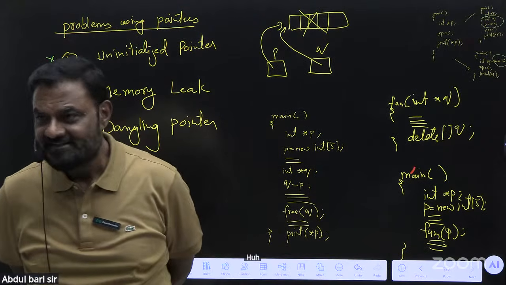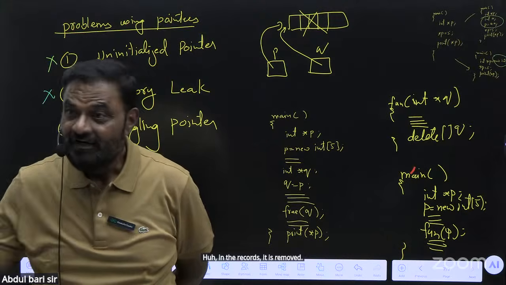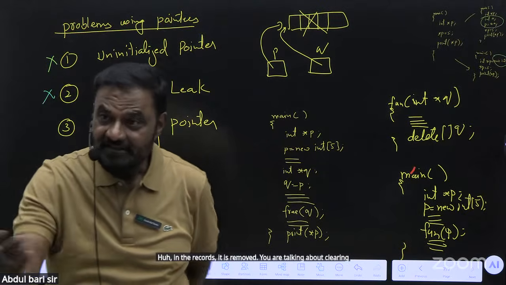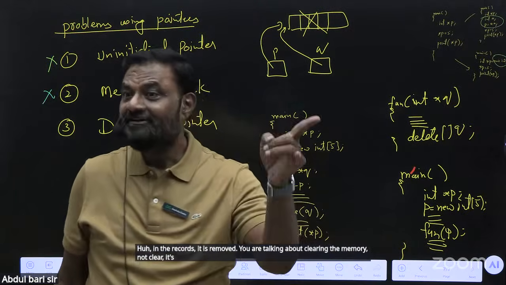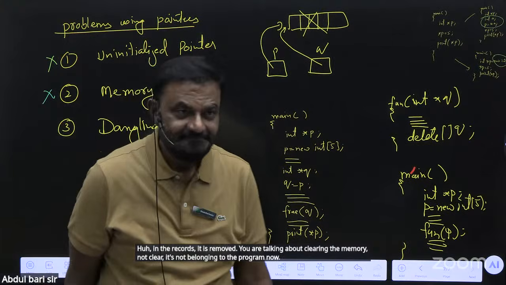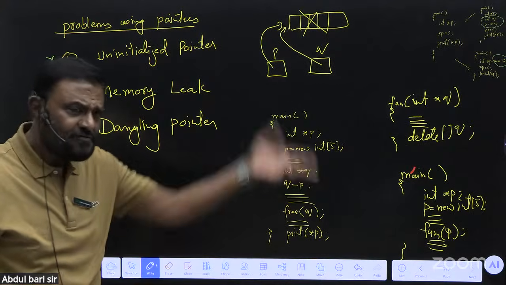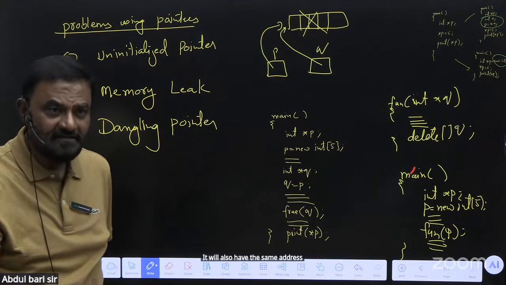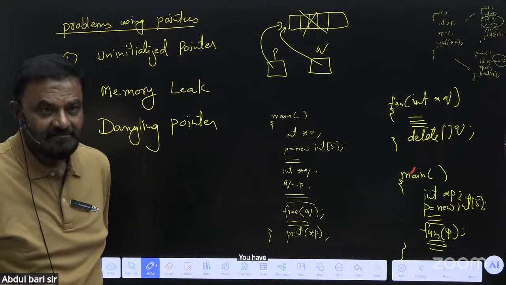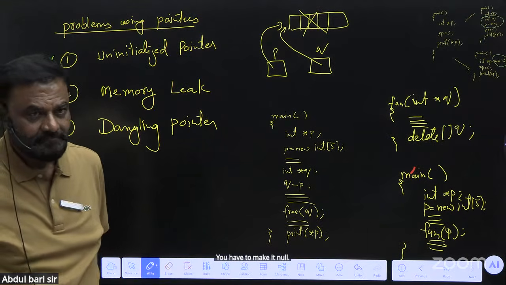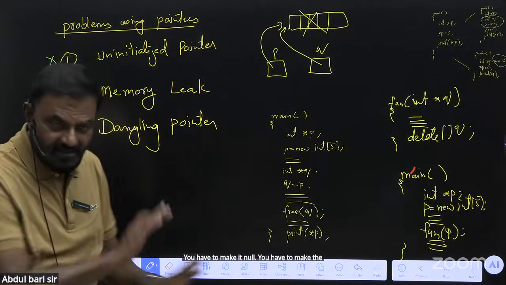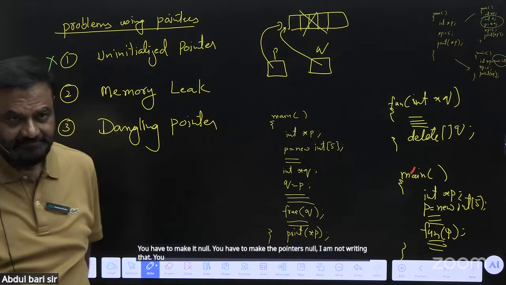In the records, it is removed. You are talking about clearing the memory. Not clear. It's not belonging to the program now. It will also have the same address. You have to make the pointers null. I am not writing that. You have to make it null.